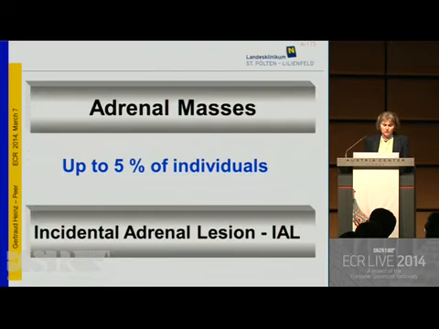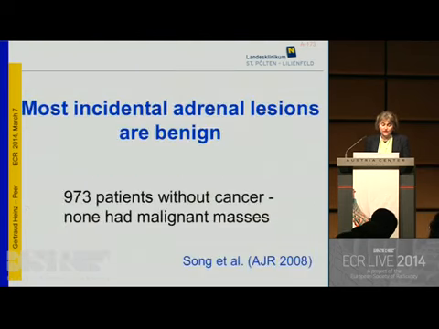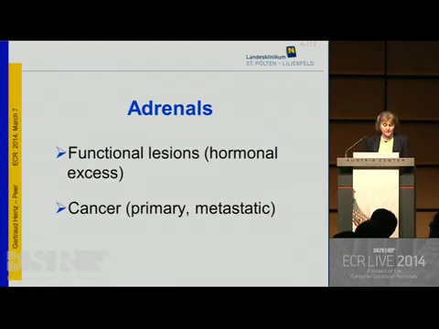From increased use of imaging techniques, we learned that up to 5% of individuals present with adrenal masses, so-called incidental adrenal lesions. And Song and co-workers showed that most of these incidentalomas are benign lesions.